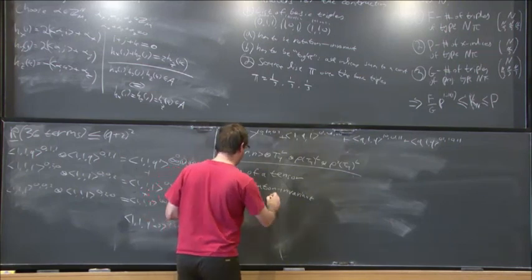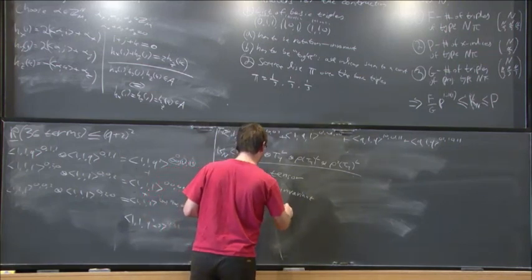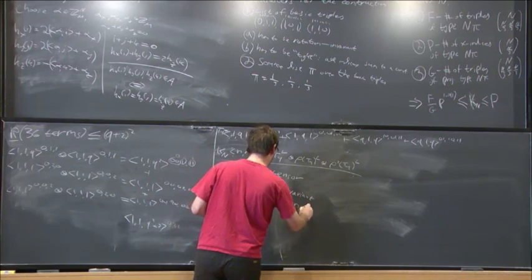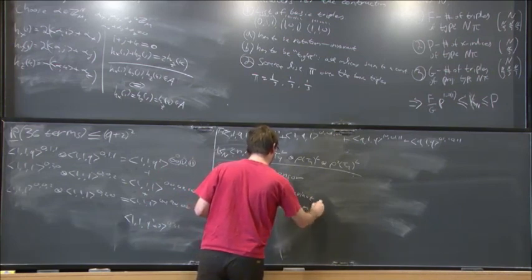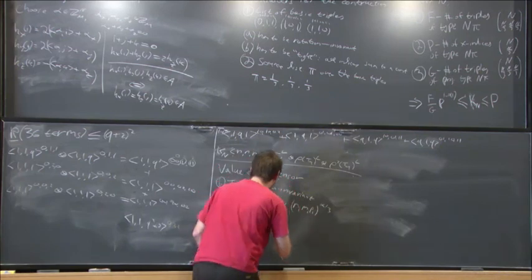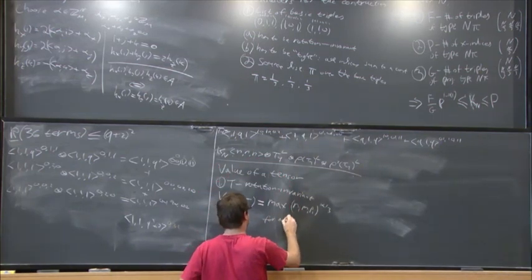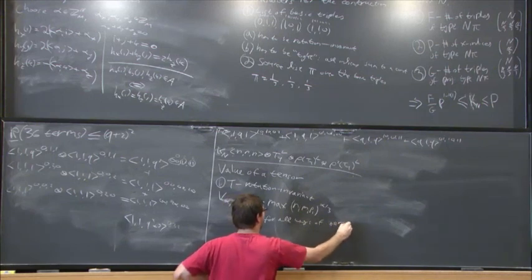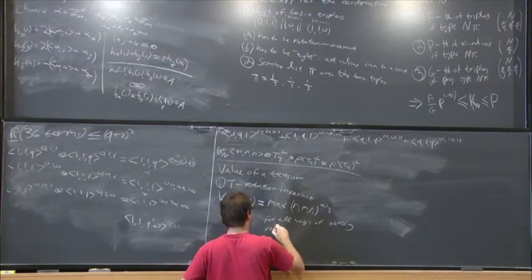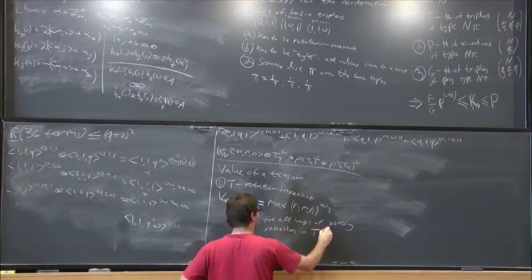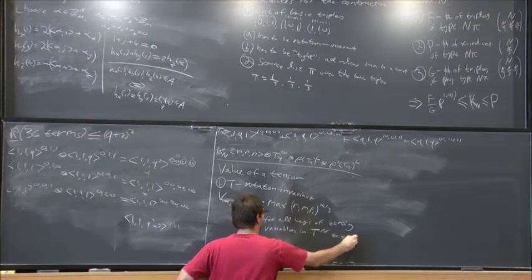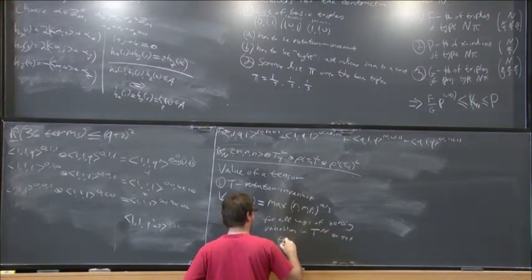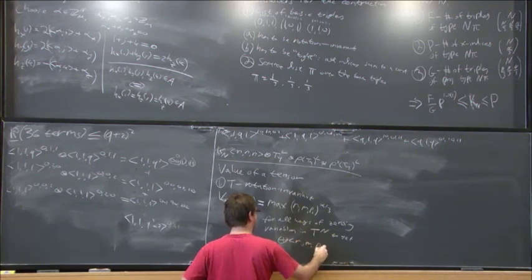So this is the maximum of (n_i m_i p_i) to the power alpha over 3, over all ways of zeroing variables in T to the n to get this big disjoint sum of n_i, m_i, p_i tensors.